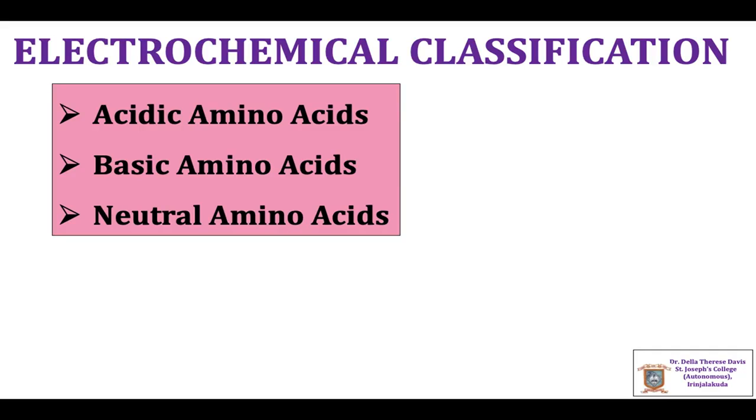Basic amino acids have enhanced basic character due to the presence of an extra amine group. In neutral amino acids, it contains equal number of acidic and basic groups.